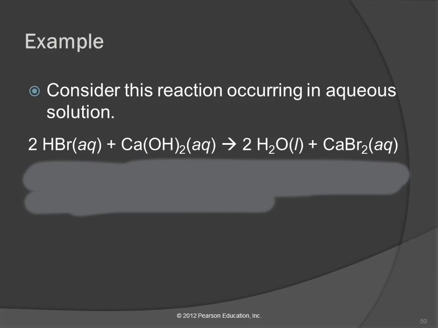And there's two of them, so we're going to get two H pluses and two Br minuses. If we have two of these and we break them into ions, we're going to get two of the positives and two of the negatives. And then over here, we've got one calcium hydroxide. This has one calcium ion and two hydroxide ions. So I've got calcium with a 2 plus charge, and two OH minus.